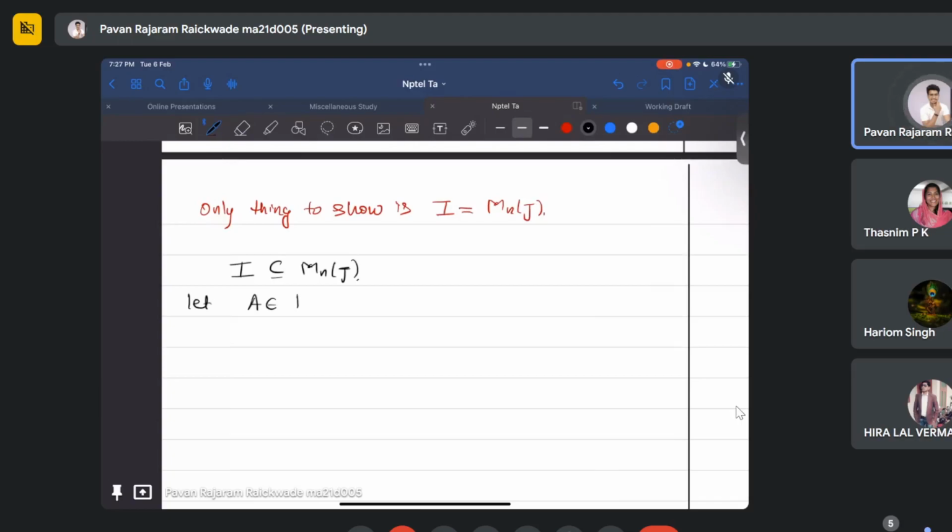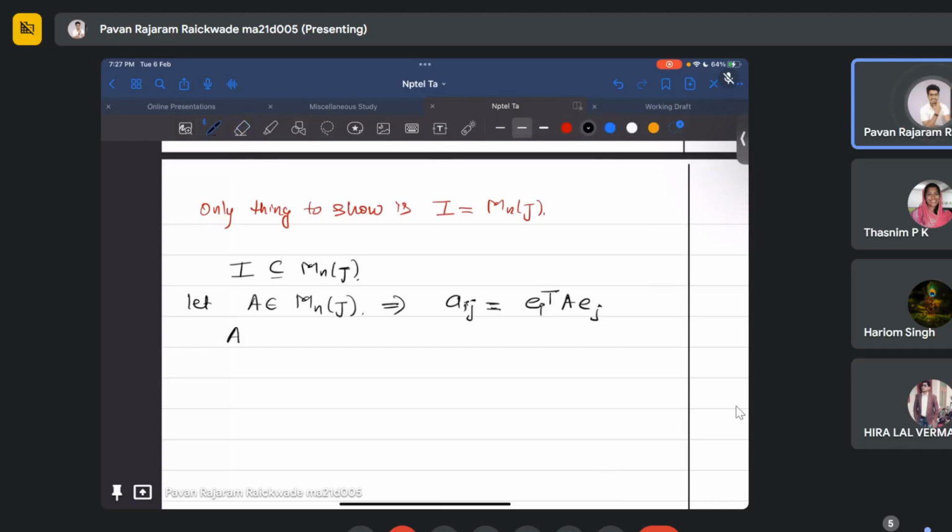Let A belong to Mn over J. How can you write? See, each entry A_ij is of this form, no? Something like E_i transpose A E_j, right?